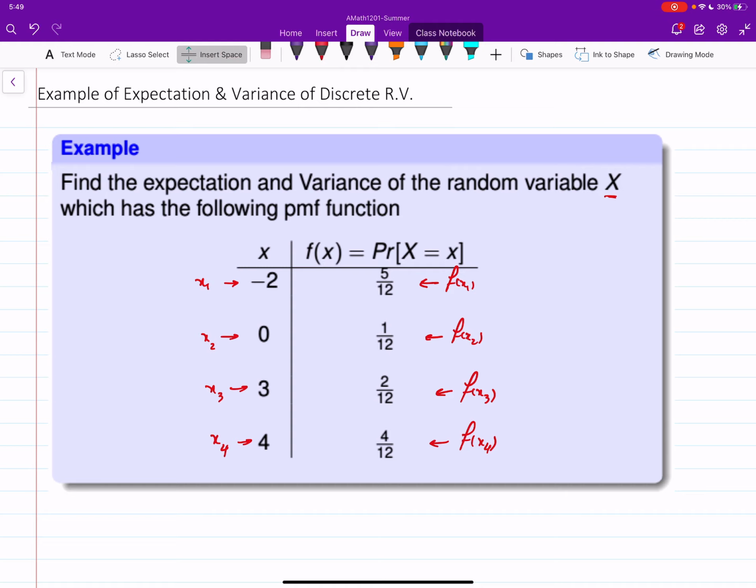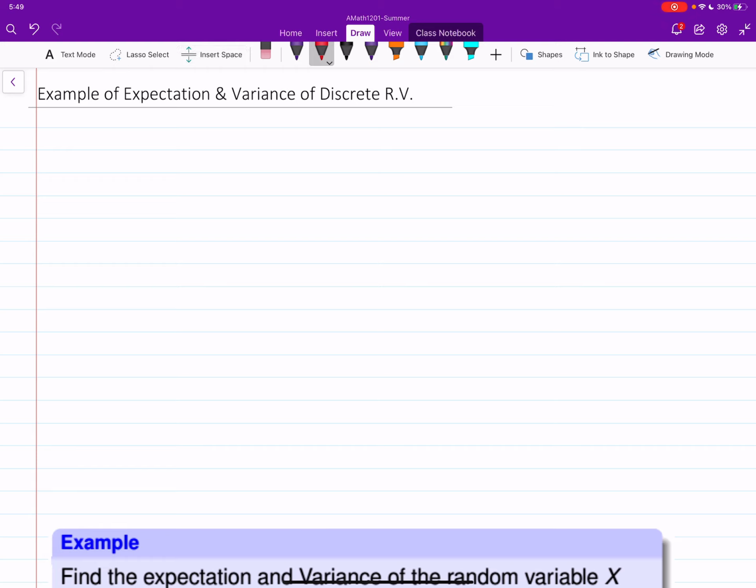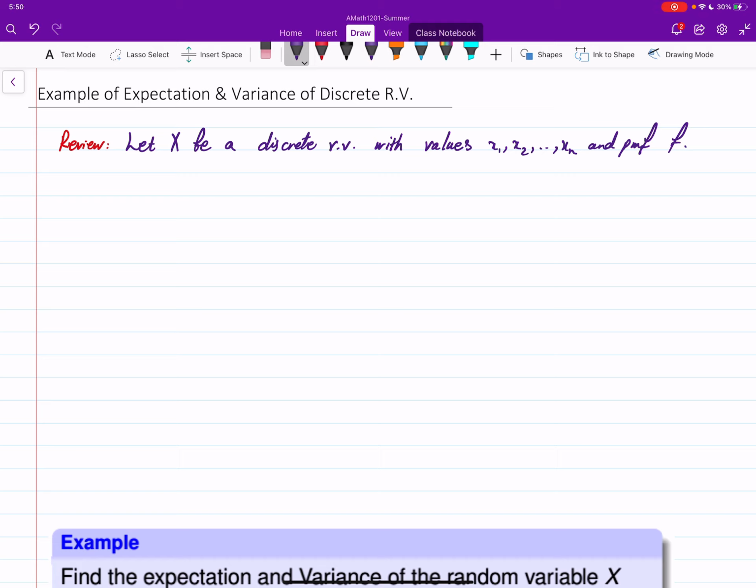So let me quickly review these two notions, and then we go from there. This is a review. We start with a discrete random variable X with n values, x1, x2 up to xn, and probability mass function f given.